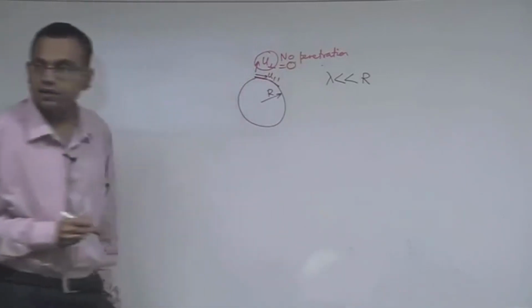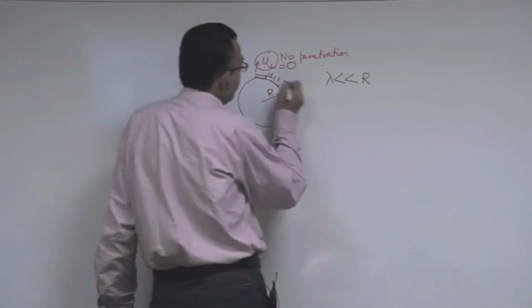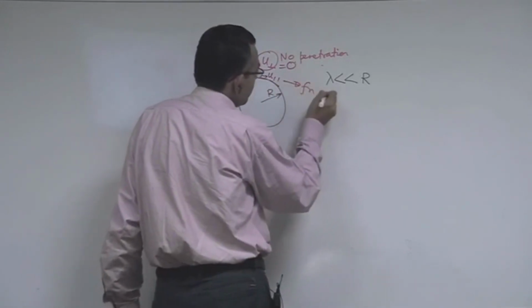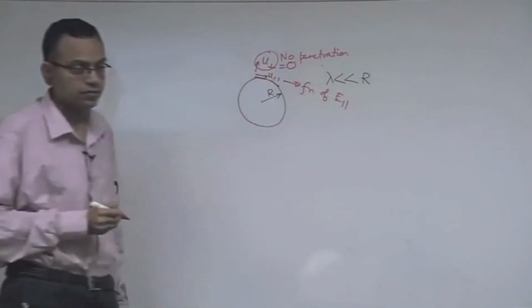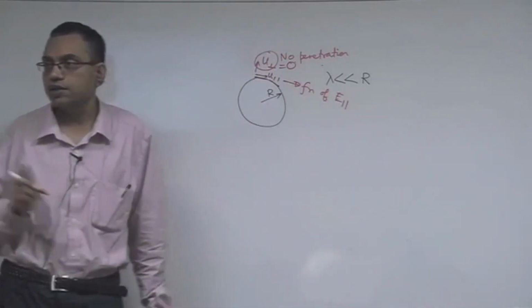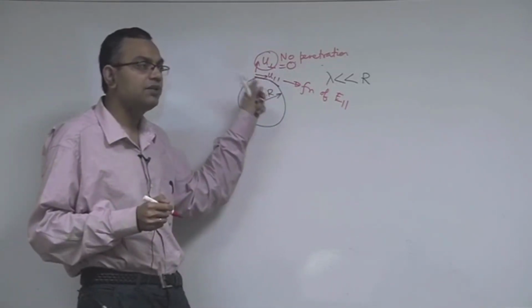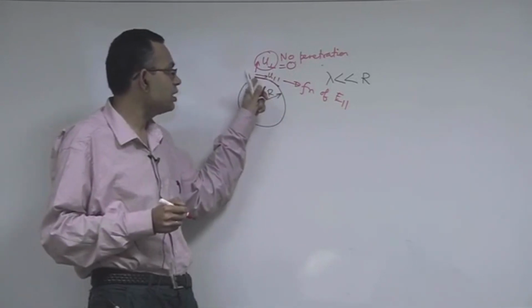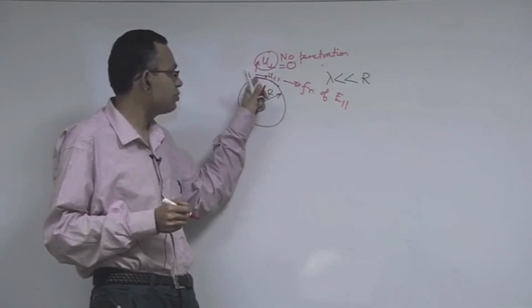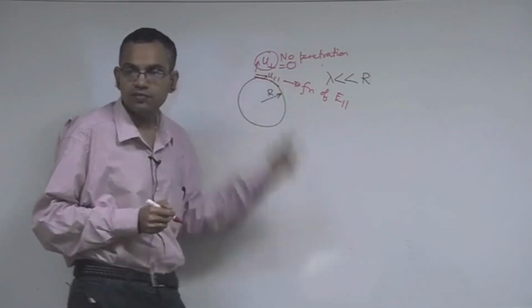But u parallel is there, and u parallel depends on what? U parallel is a function of E parallel. What is E parallel? E parallel is the applied electric field parallel to the direction of the small elemental surface that you have considered on the sphere.